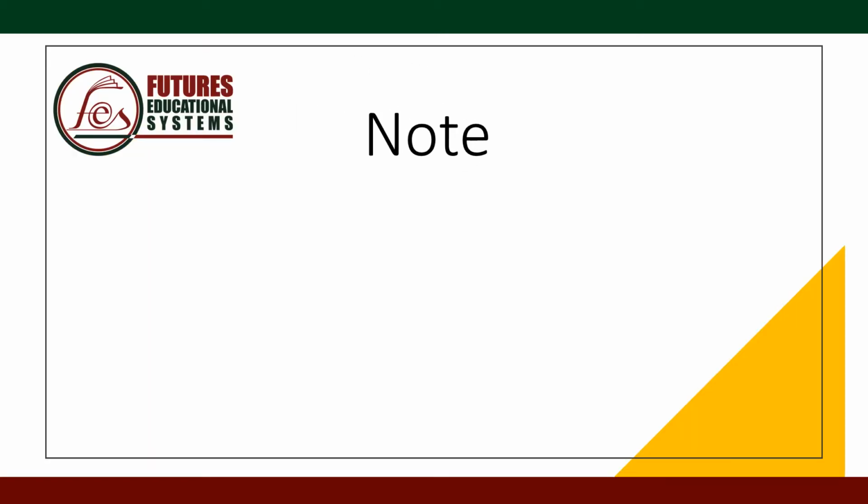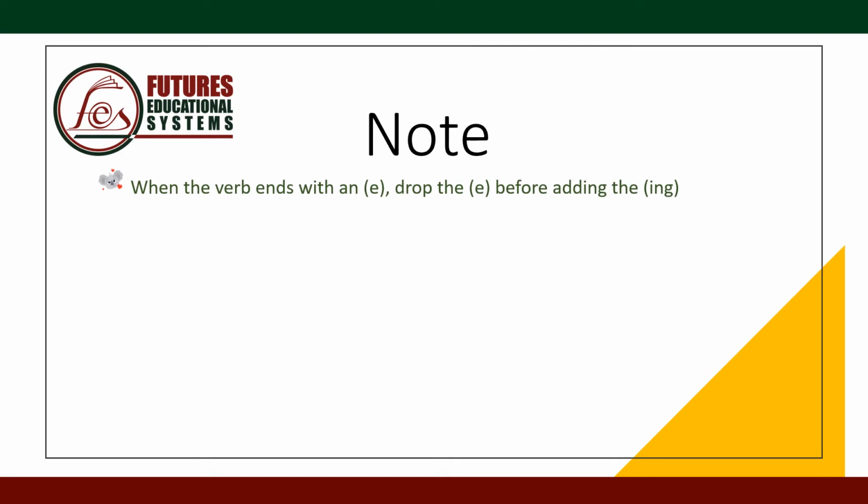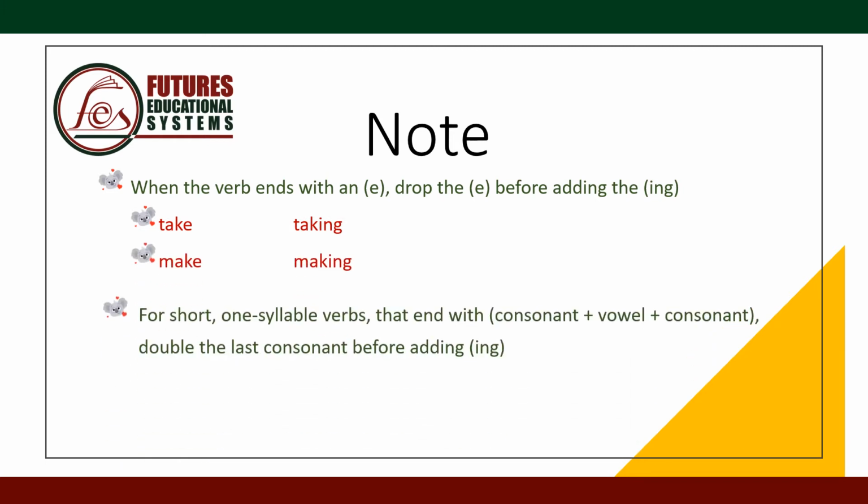And because this is a continuous form, we need to remember some of the rules that the continuous form follows. Continuous means adding ing. So when the verb ends with an E, we have to drop this E before adding the ing. So take is taking. Make, making.